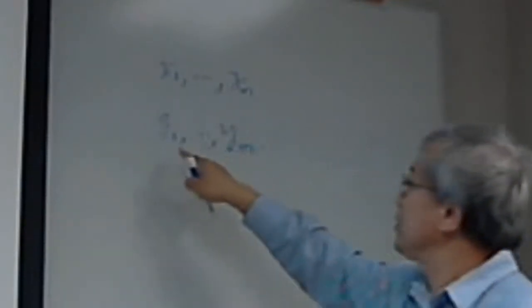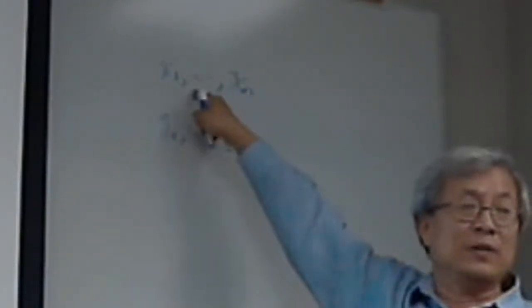Suppose I use y1, y2, with y1 less than y2. Just find the set of values that are distinct out of your numeric variable.